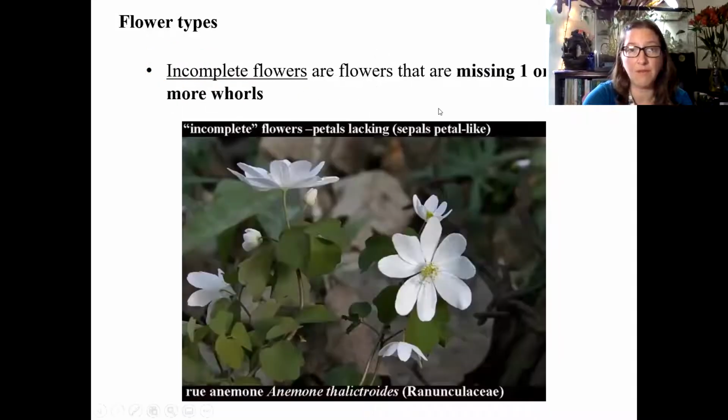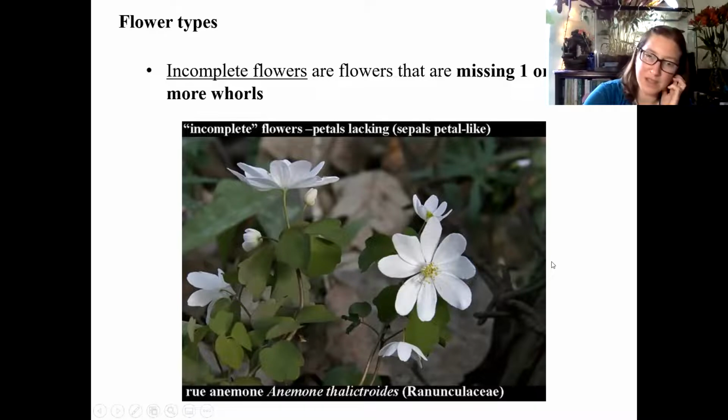Complete flowers have all 4 whorls. And if you're missing 1 or more whorls, you're called an incomplete flower. In this case, this flower has no petals, even though it looks like petals; the sepals look like petals and there's no petals on this.